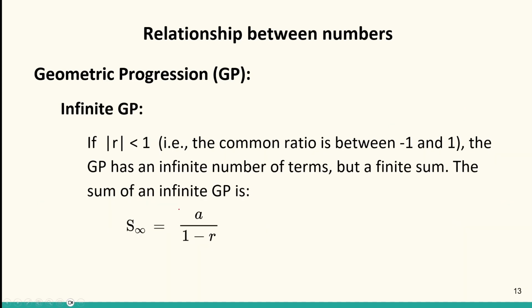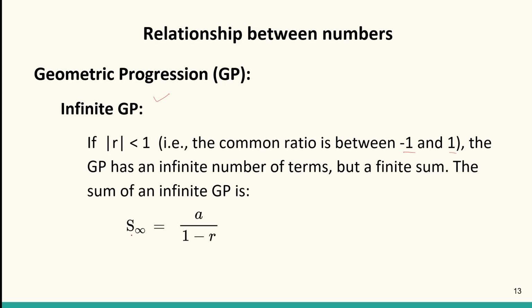Okay, so let's see what an infinite geometric progression is. If mod r is less than 1, so if the common ratio's modulus is less than 1, basically the common ratio is strictly between -1 and 1, then the GP has an infinite number of terms but a finite sum.